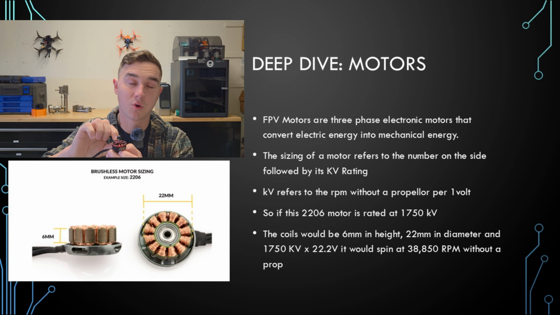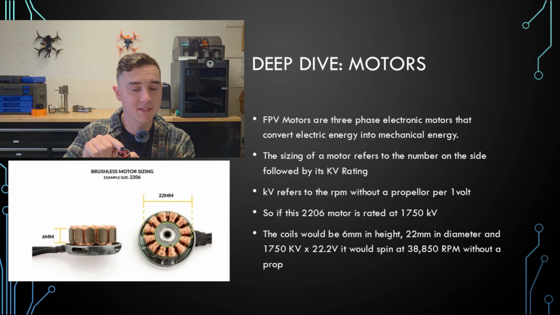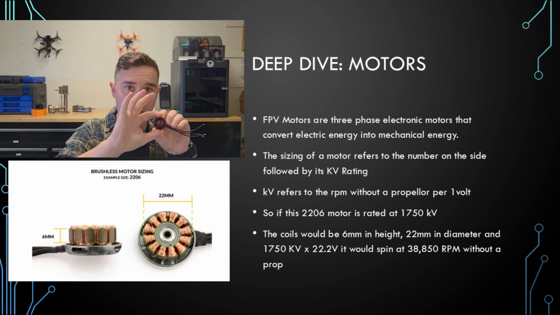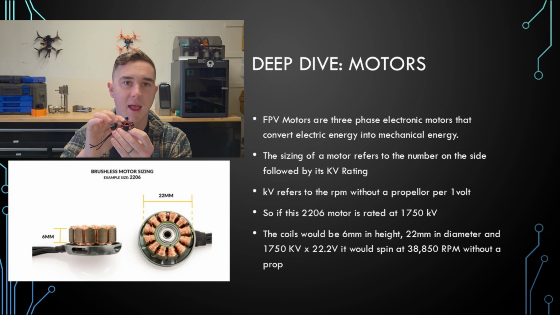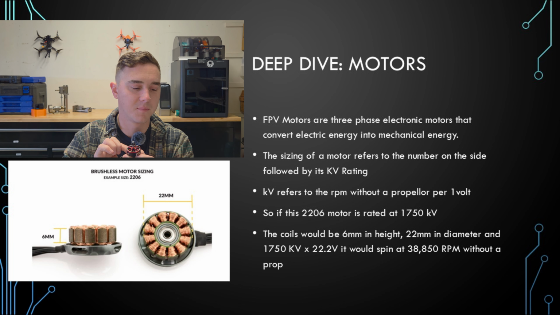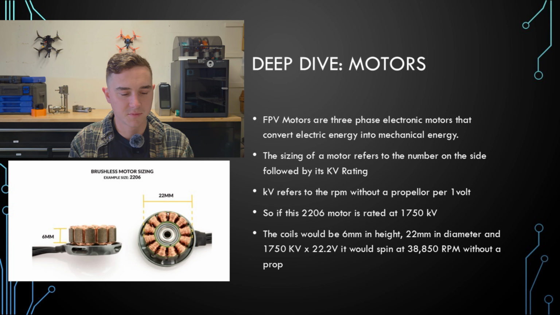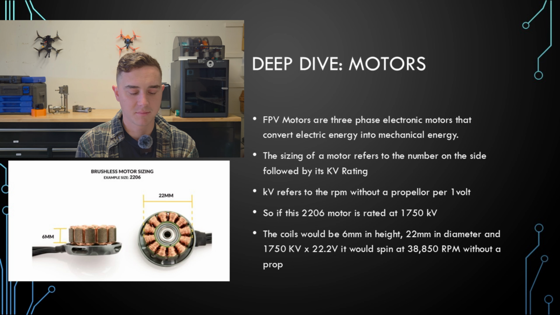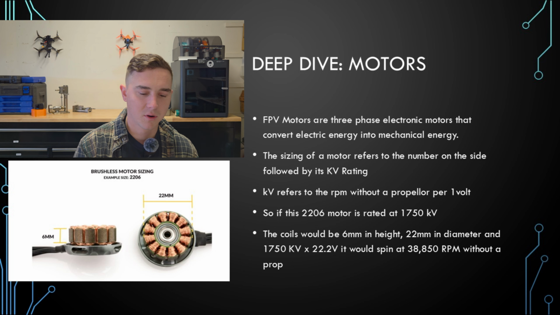And inside here, there's coils, just like you can see on the screen. That height is going to be, in this case, 8. So this is a 2808, which means it has a 28 millimeter diameter and an 8 millimeter height of the coils. Then you're going to have a kV rating. This is a 1500 kV motor.